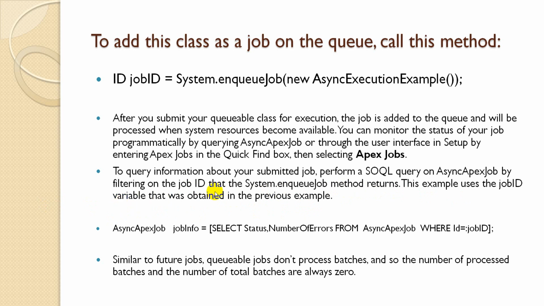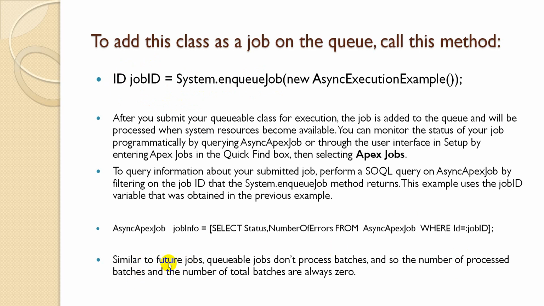If you want to find your data, you write a SOQL query from AsyncApexJob where Id equals jobID, and the jobID is created by this method, like this declaration: ID, and System.enqueueJob returns the ID of each job.